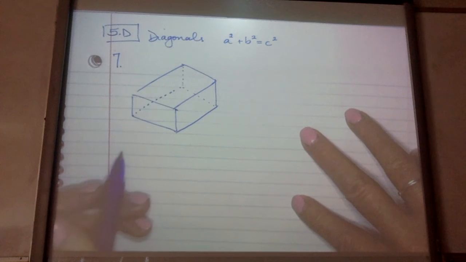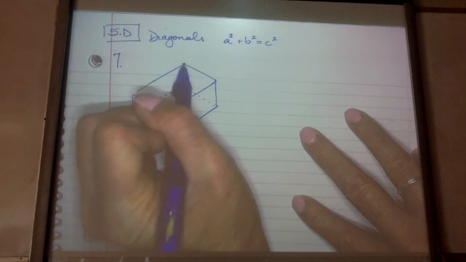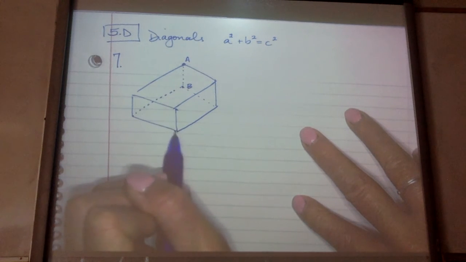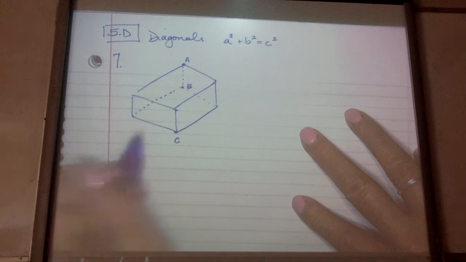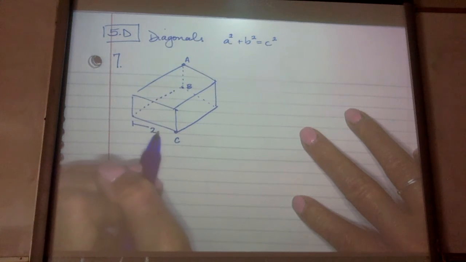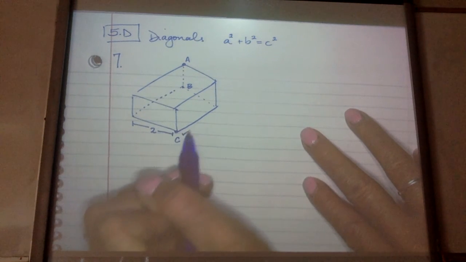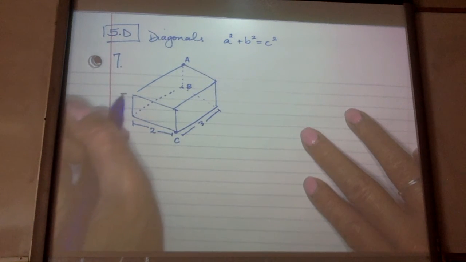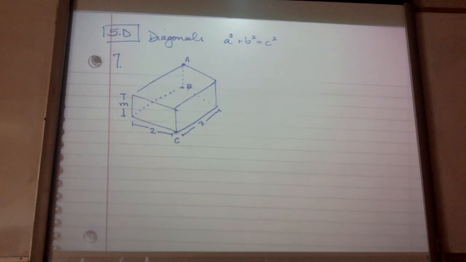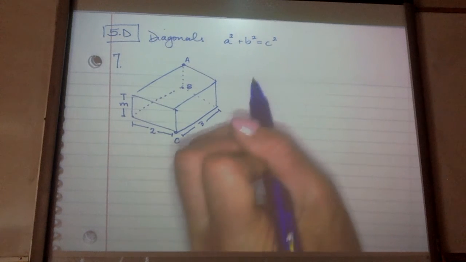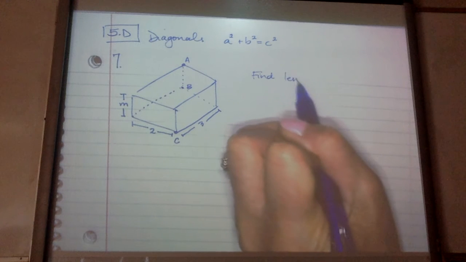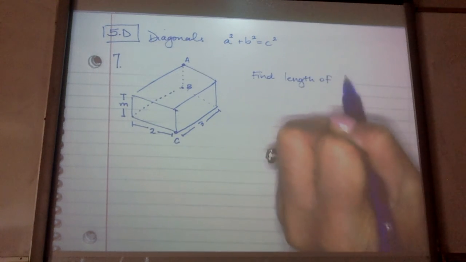So first I'm going to title this corner right here A, this corner B, and this one here C. I'm going to tell you that the length of this part here is 2, from here to here is 3, and from here to here is just M. Why would they do that to us? I don't know. All right, and they want us to find the length of AC.